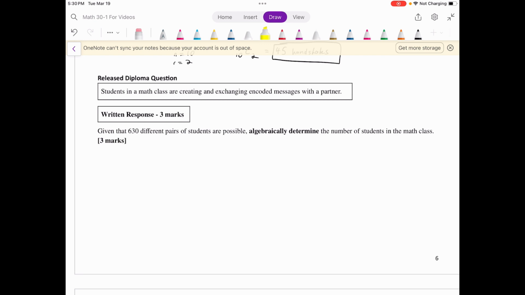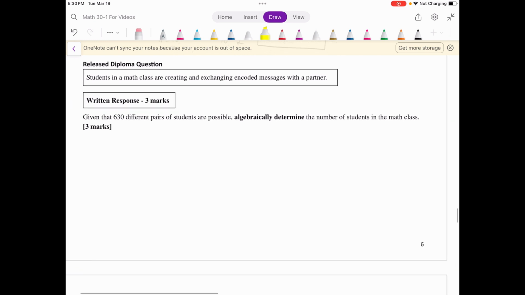Okay, so with that in mind, let's think about this one a bit. For a written response on a diploma, don't be shy to write a little sentence to explain what you're doing. It doesn't need to be a full, grammatically perfect sentence, but don't be shy about explaining yourself a bit. If you're ever wondering whether it's clear what you're doing, words can be a great way to enhance a solution.